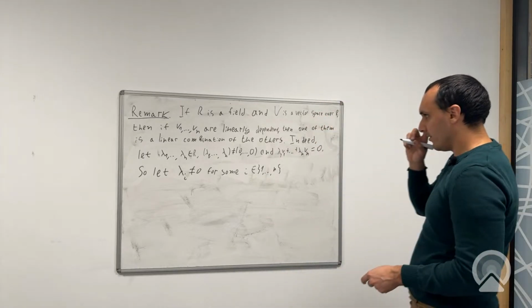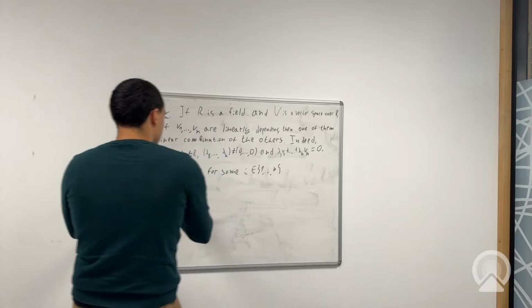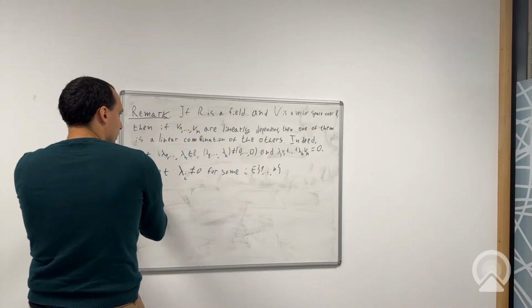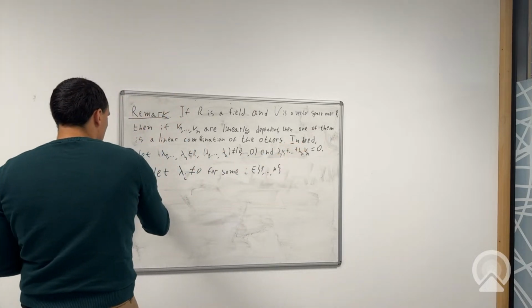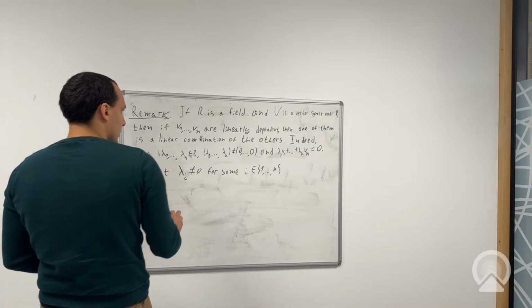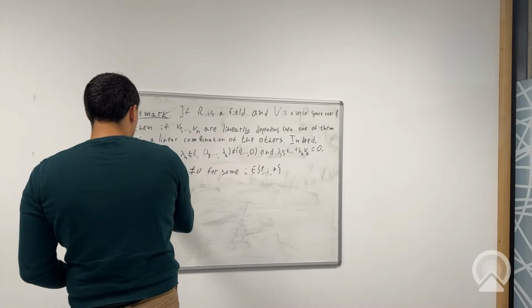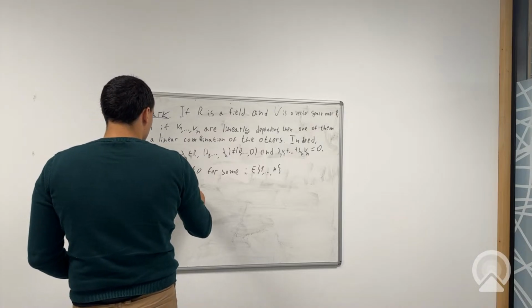And now, because we are in a field, any non-zero element is invertible. If we rearrange this, we get the sum over all j from 1 to n, where j does not equal i, of lambda j vj is equal to minus lambda i vi.